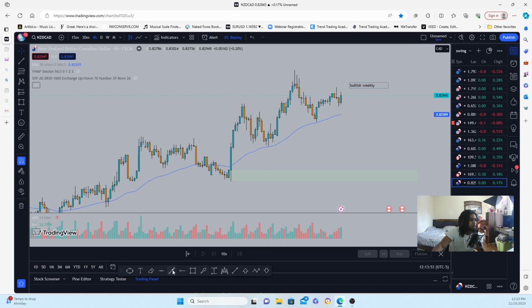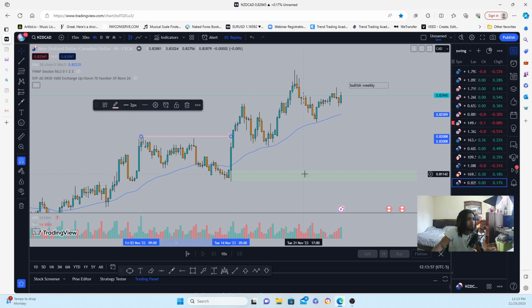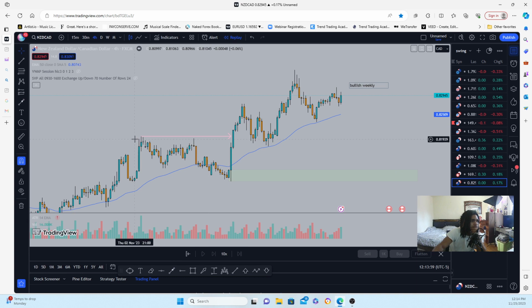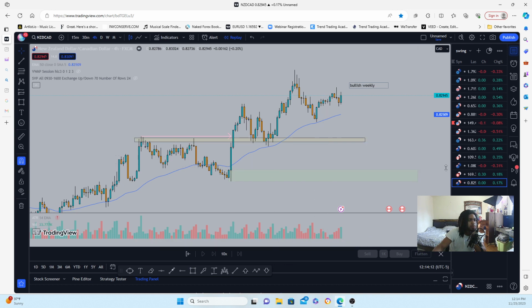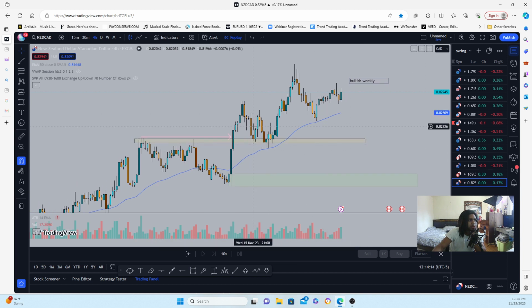Because the last break of structure right here, and then that became a level. A break of structure, you know what I mean? Bada bing, bada boom. Down. Pin bar. That would have been a nice trade.